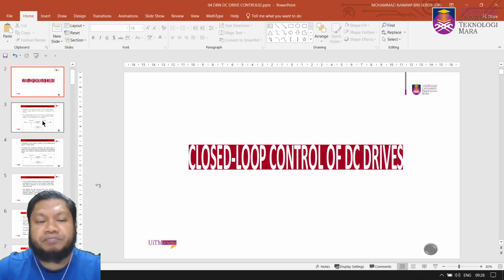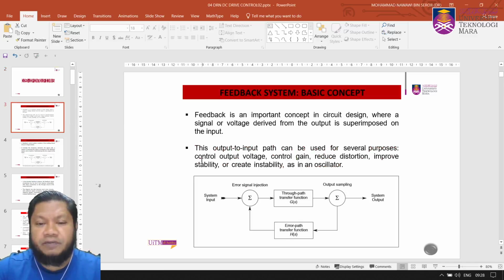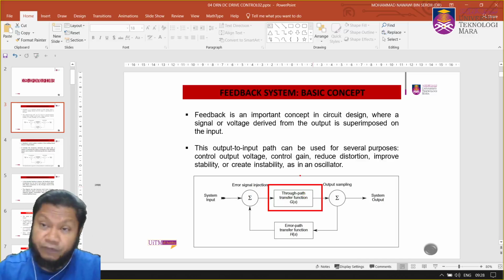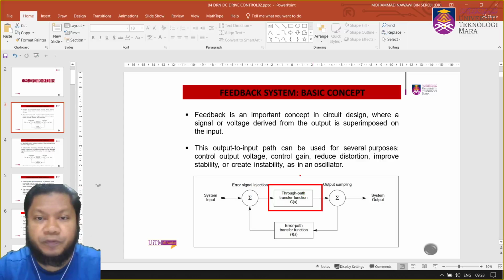So last presentation, we have this feedback system. The one that we discussed last week is only for the transfer function of the DC motor, and we only looked into the separately excited DC motor, right?